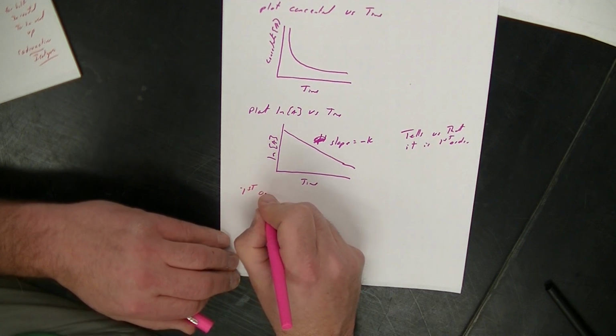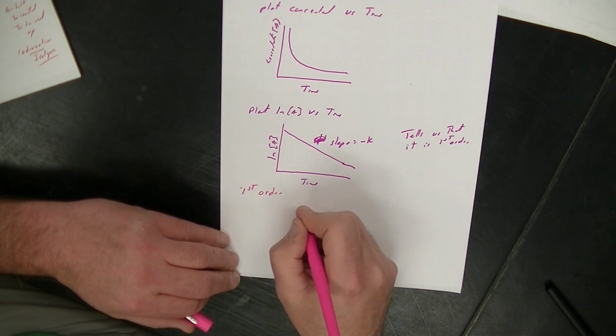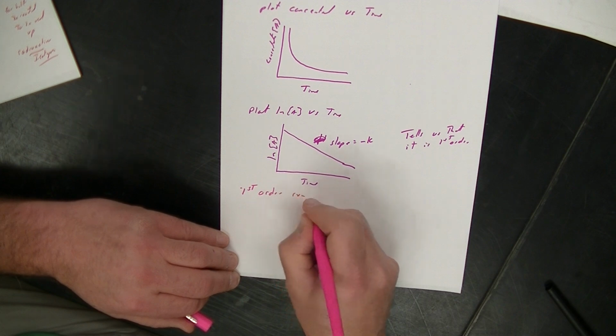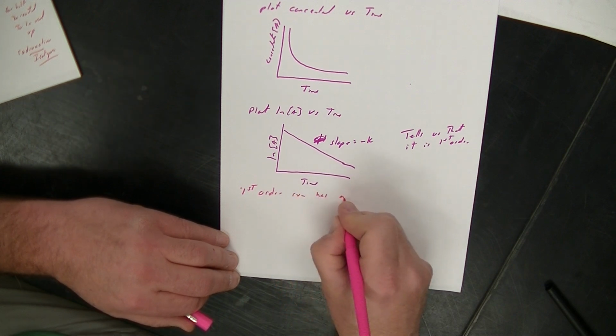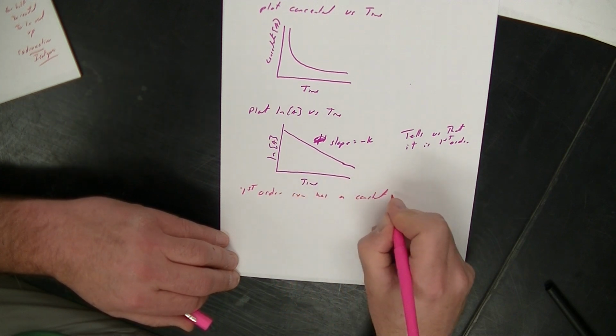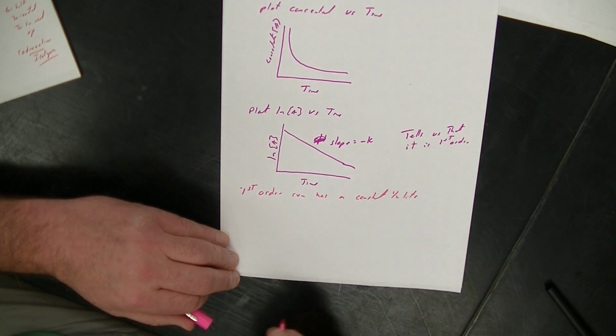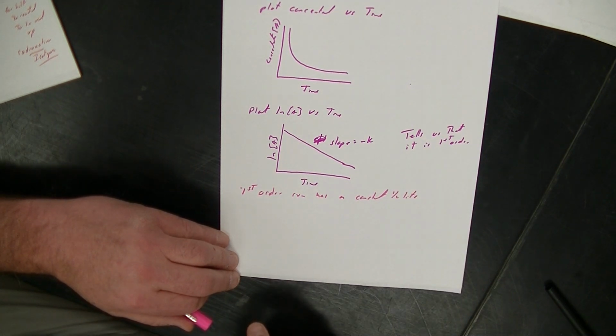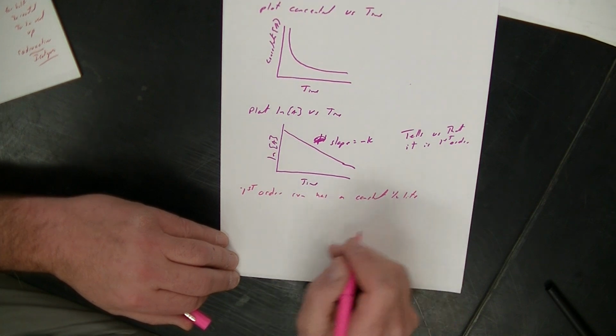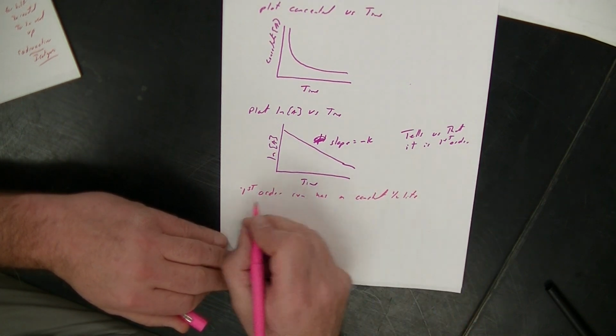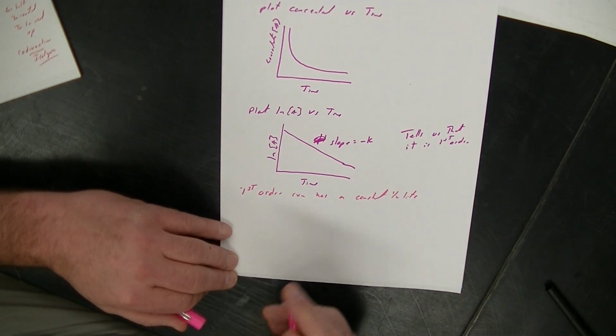So a first order reaction has a constant half-life. First order reactions have a constant half-life.